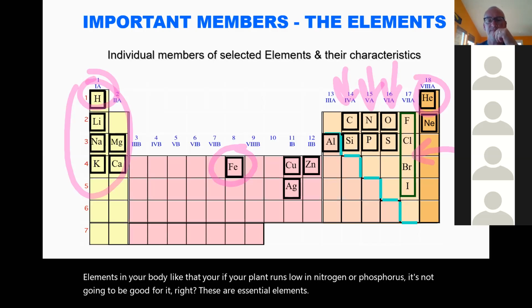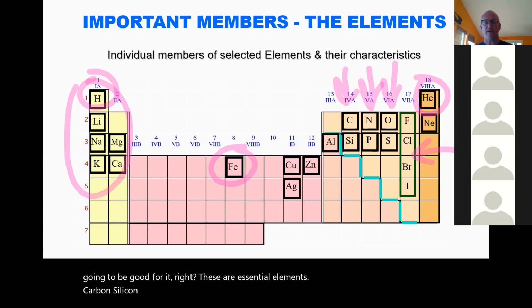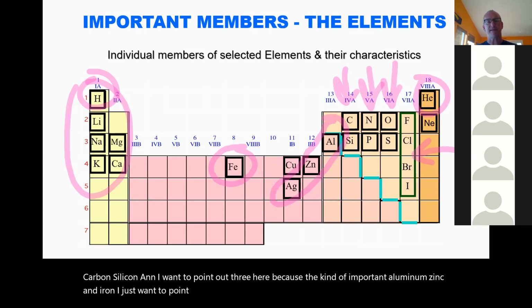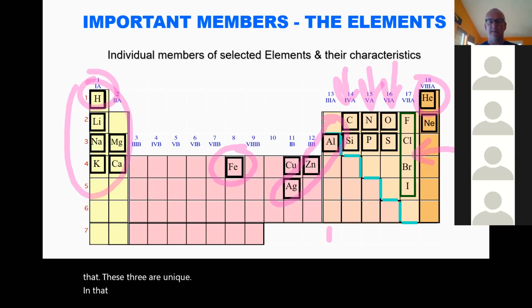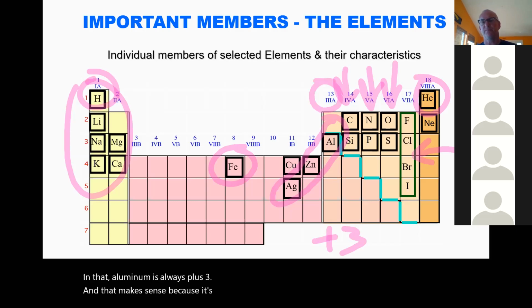Carbon, silicon, and I want to point out three here because they're kind of important: aluminum, zinc, and silver. Notice how they're sort of in a staggered line like that. These three are unique in that aluminum is always +3, and that makes sense because it's in group 13, so it has a +3 charge.